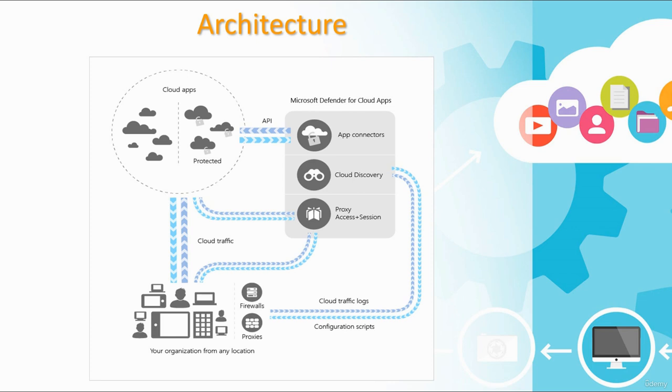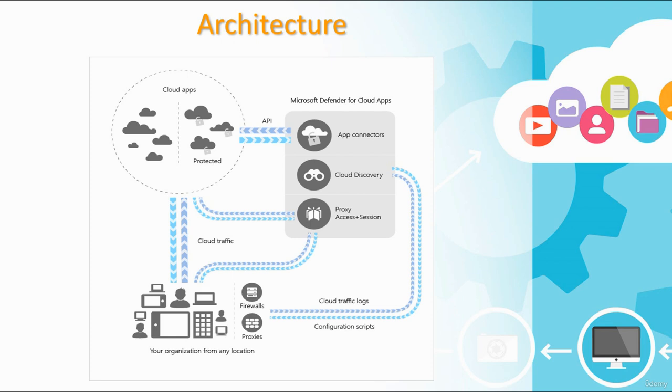There are actually scripts that Microsoft has created for a lot of the hardware out there that will allow those devices to work hand in hand with it. And if you have some older devices that aren't supported, usually what you can do is export logging data and import it into Defender for Cloud Apps, and it can still generate logging data. It's a little bit more of a manual process, but there's also the ability to create scripts that can help you.